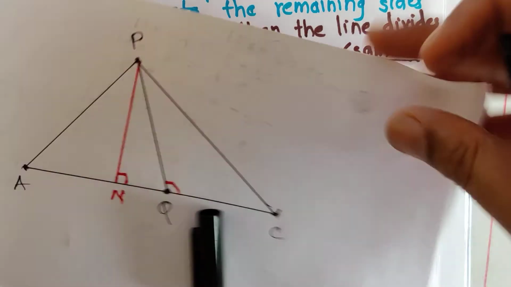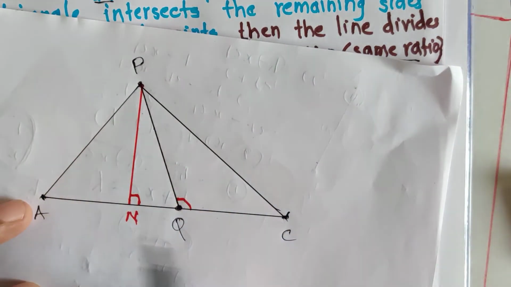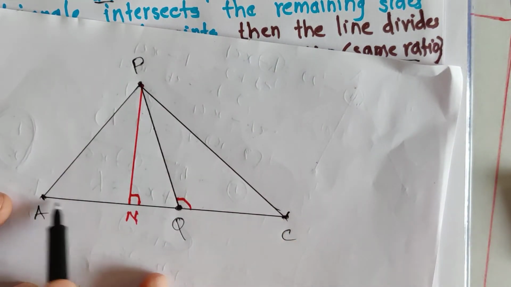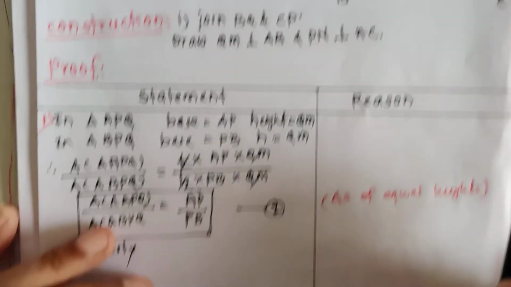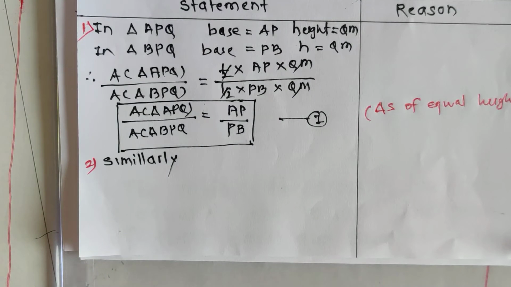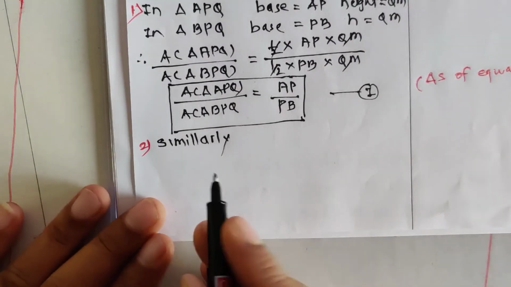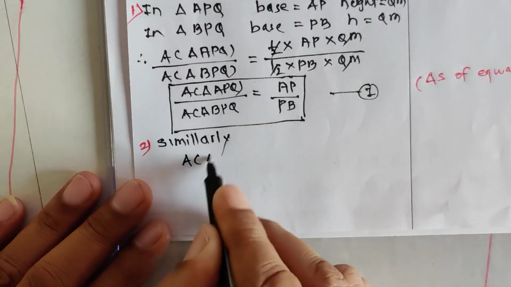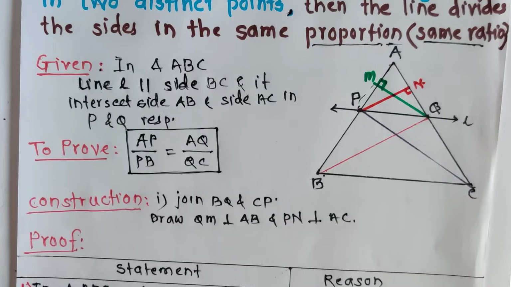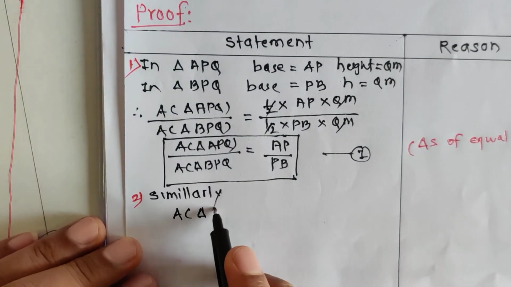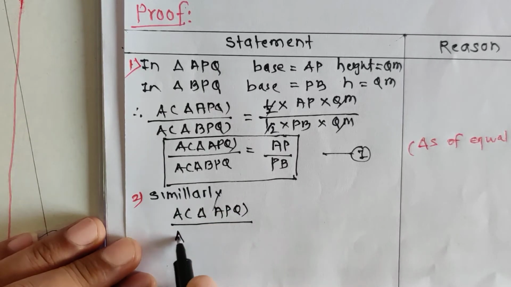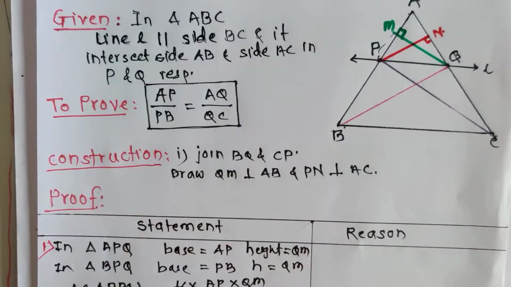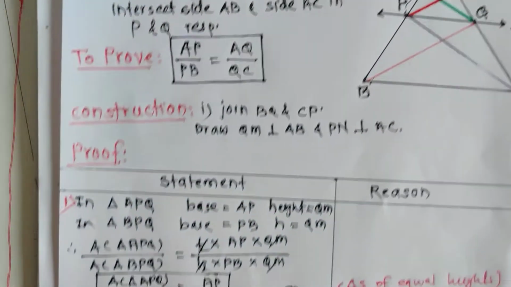See here, PN is the common height. Therefore the ratio of their areas is equal to the ratio of their bases, triangles of equal height. So directly we can write here, similarly, area of triangle APQ divided by area of triangle CPQ.